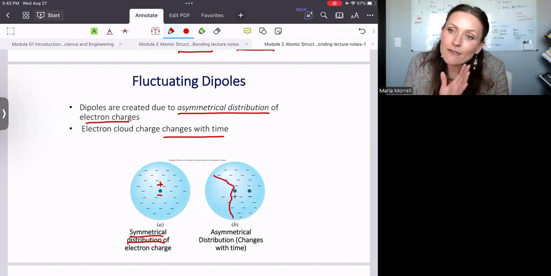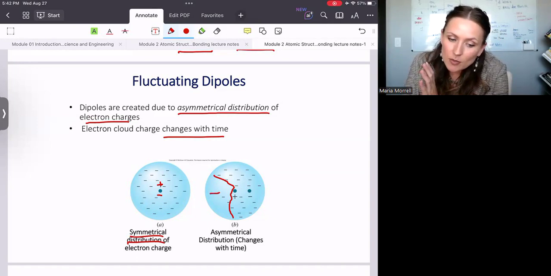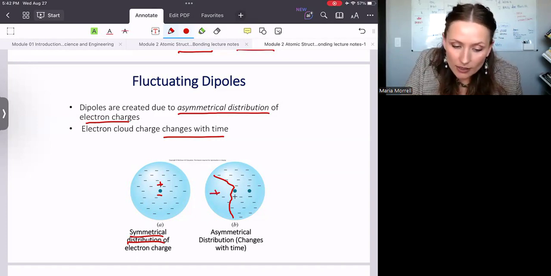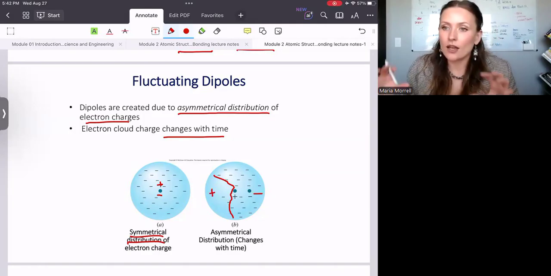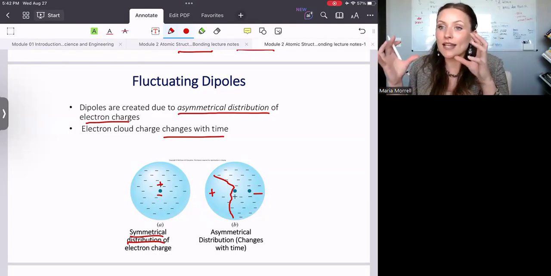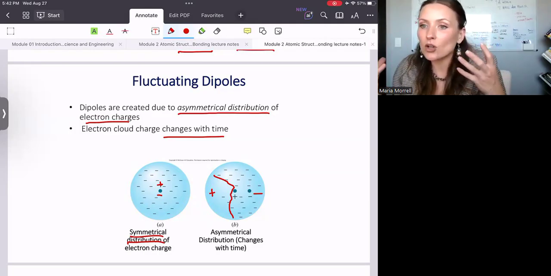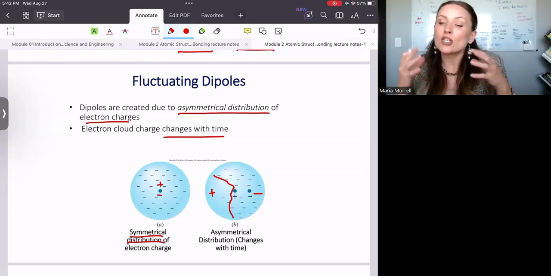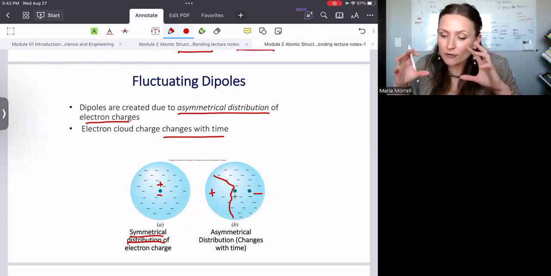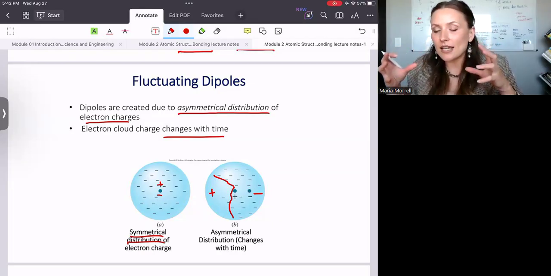Because it is deficient of electrons, it's going to be positively charged. And that's how I end up with a positive and negative pole, right? And all of a sudden, this atom is not neutrally charged anymore. Just for that one second, as it fluctuates, it exists as a dipole.